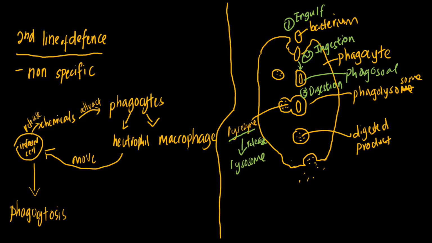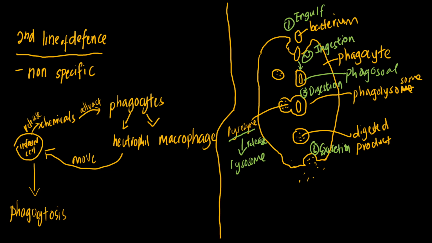The lysosome contains hydrolytic enzymes, which will digest the phagosome here. And then after the digestion, we come to the step we call excretion, where the phagocyte releases the digested products from the cell.